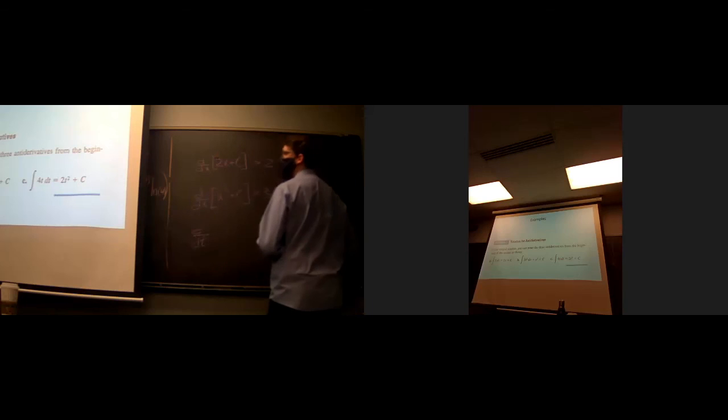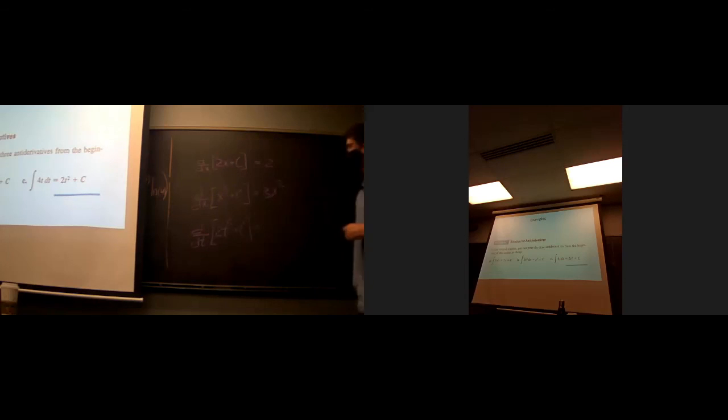The derivative with respect to t of 2t squared plus c is going to come out to be just 4t.